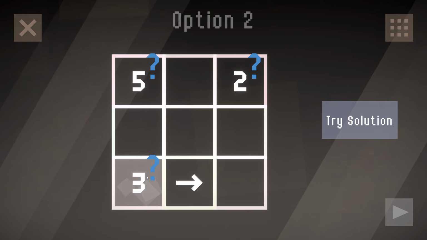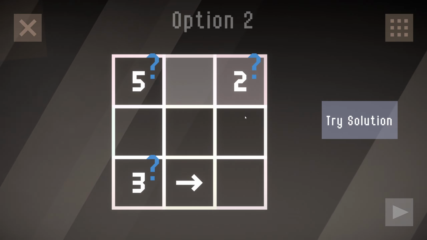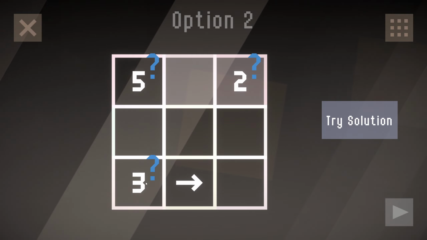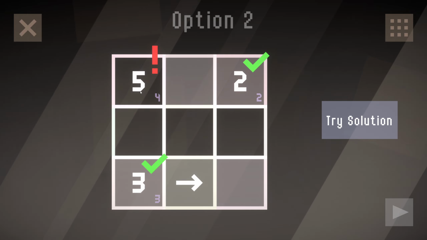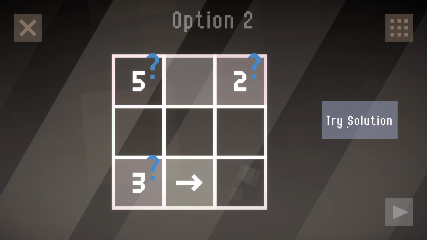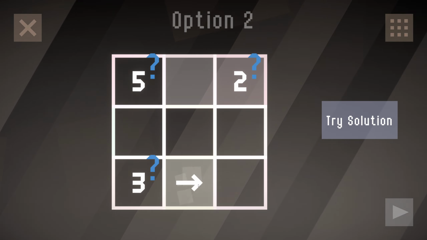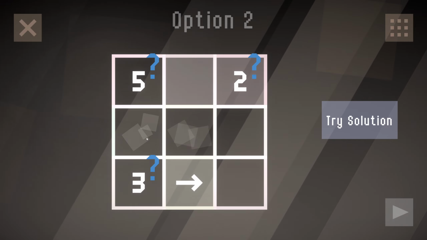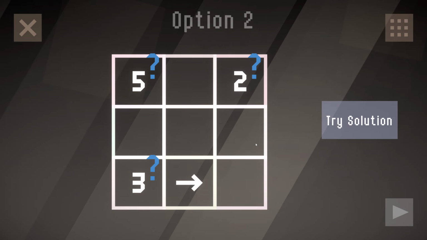2 is in a group of 2. That's 2, 3, and 4. You're in 6. I must be able to figure this out. Surely.